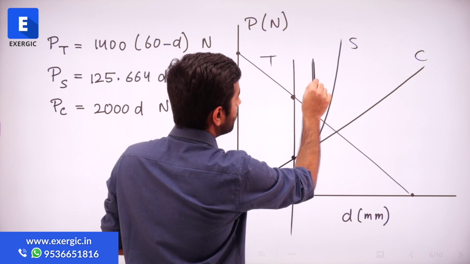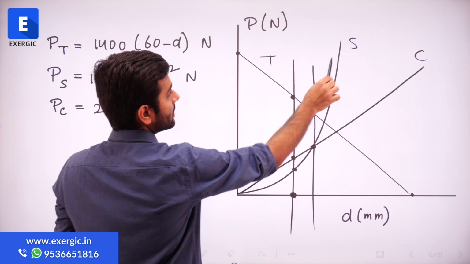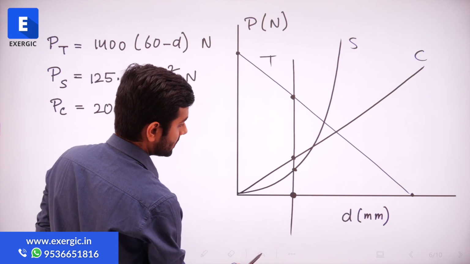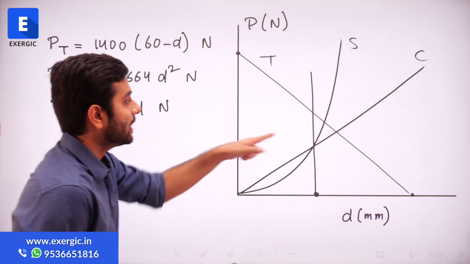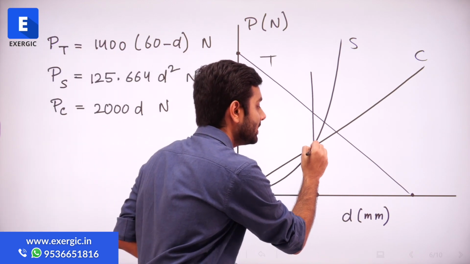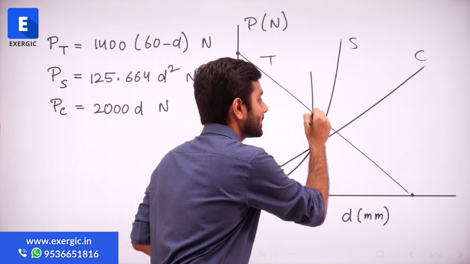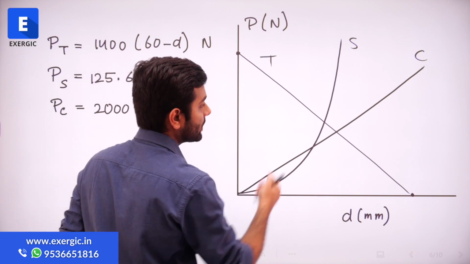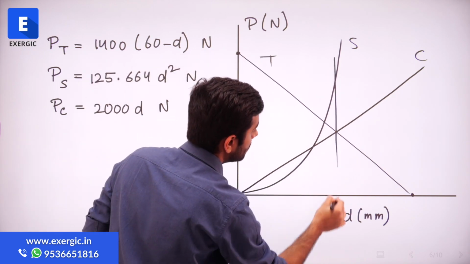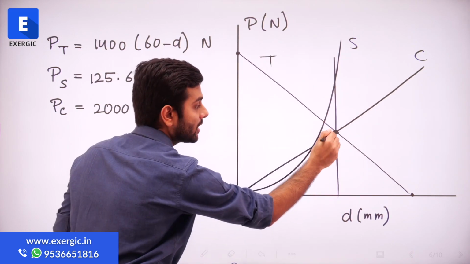A point will come when the value of PC and PS, shear and compression, will become the same. But this will be again at the highest value. Again, if you keep on increasing the value of diameter, a point may come where shear will be the highest and tension and compression will become the same.